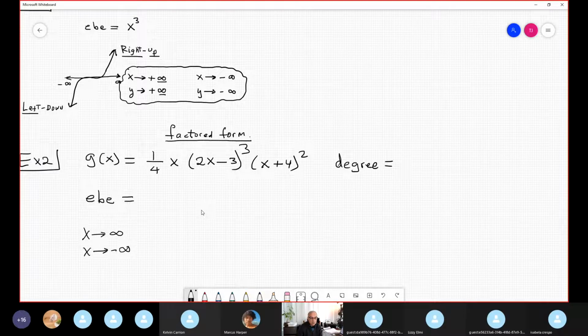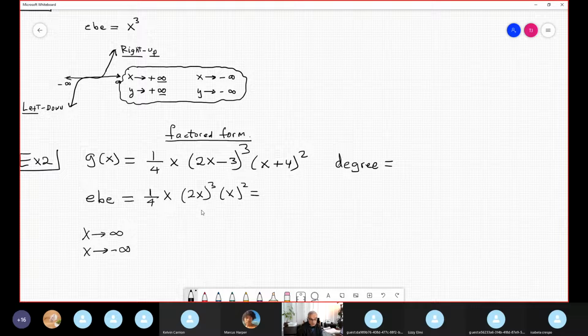Entonces es obvio that 3, negative 3, and positive 4 here are completely negligible. So my expression looks like that: 1 over 4 x, no problema, 2x cubed, and x squared. Something like that. Do you understand the idea? This negative 3 and positive 4 are nothing when you're talking about a big number, right?